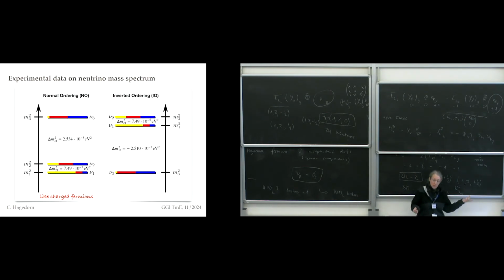The answer is, if you write this down with left-handed lepton doublets, yes, you do still need a scalar. We will see what the options for it can be.